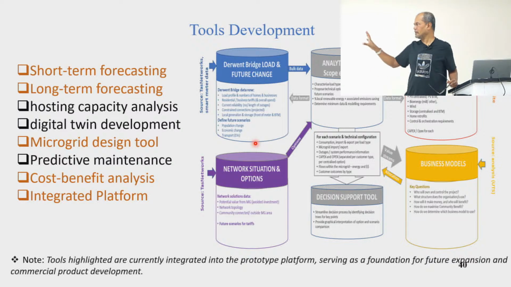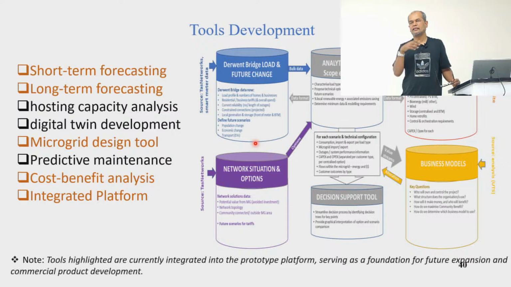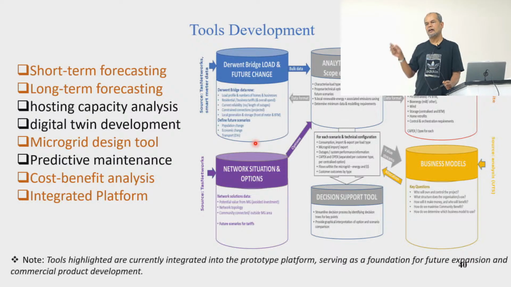This is a very easy graphical tool. You just click, select the input data for any particular area, and it has inbuilt different AI algorithms, and it's going to give you both short term and long term forecasts.